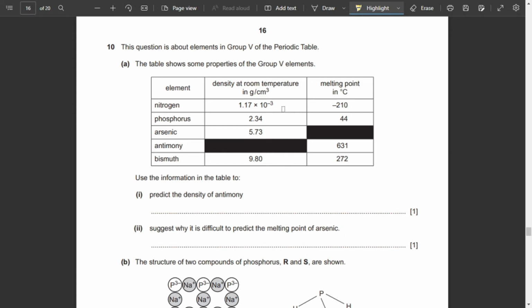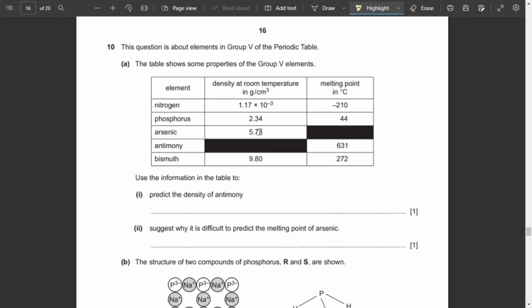If we see nitrogen at the top and bismuth at the bottom, we have an extreme increase in density as we go down, starting from 1.17 times 10 to the power minus 3 to 9.8. That means one is a gas and one is a solid, two completely different states.